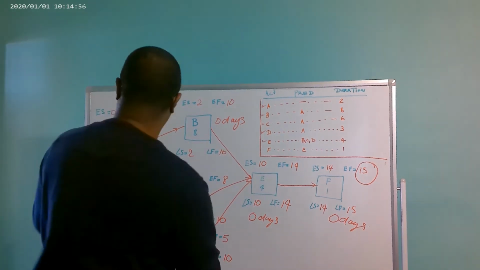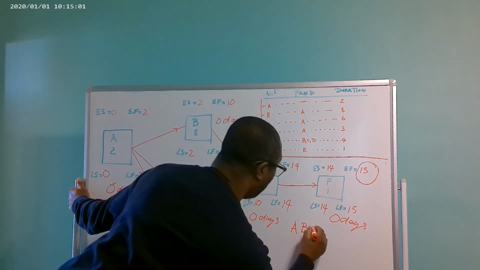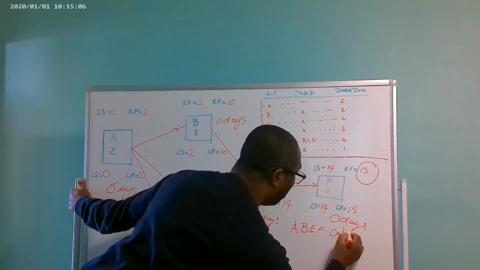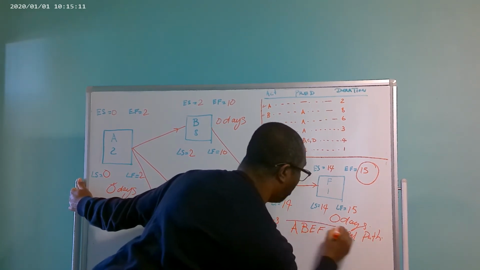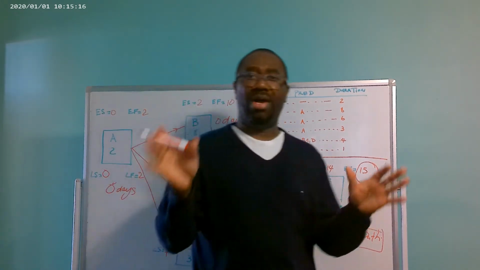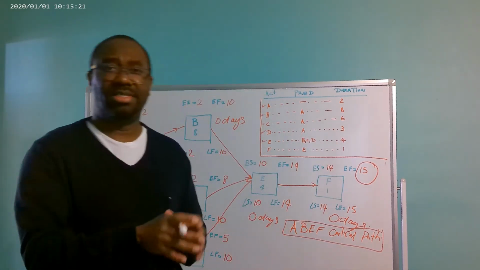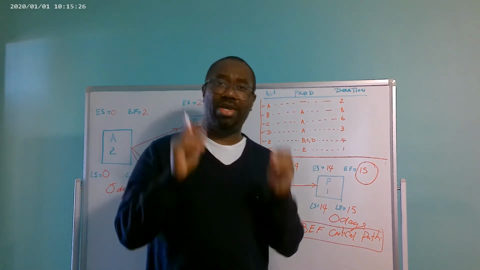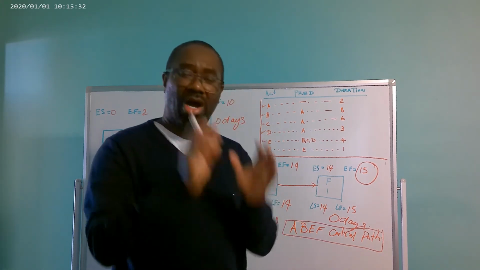So activity A, B, E, F is our critical path. And remember what I've said about the critical path, that the activities on the critical path must be completed in the allotted time in order for you to finish your project on schedule.